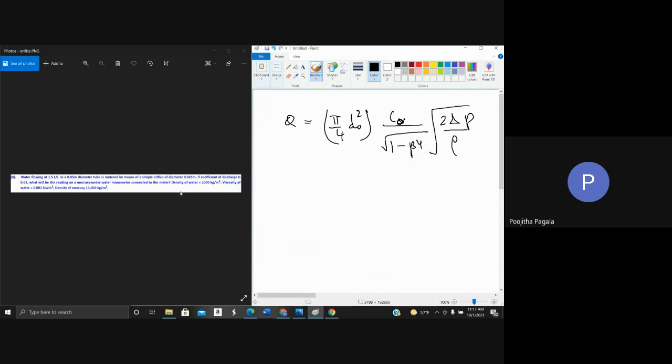So let us see what are the things which we know. Do we know D naught? Okay, D naught is known. D naught is given as 0.025 meters.